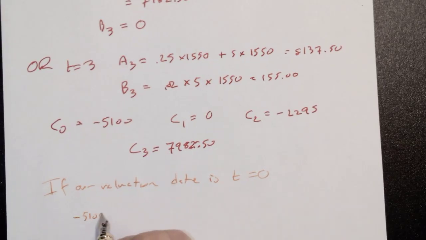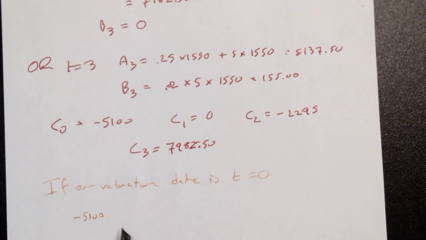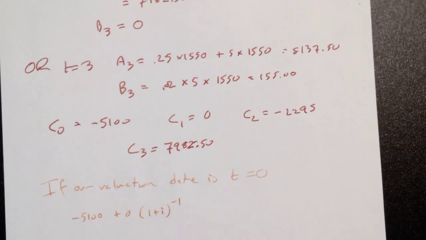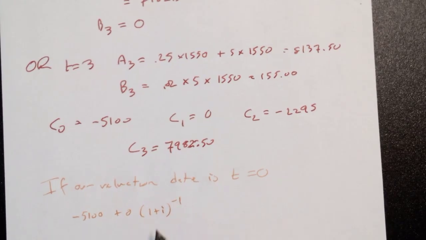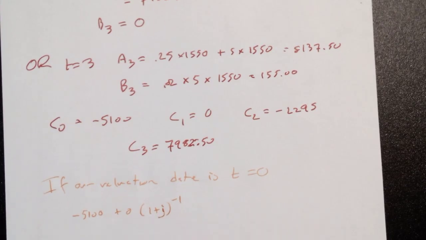Minus 5100 is at the right time. Plus 0, 1 plus i to the negative 1. I have to move that back 1. Oh, wait a minute. Let me use j here. And j would be a 6-month rate.